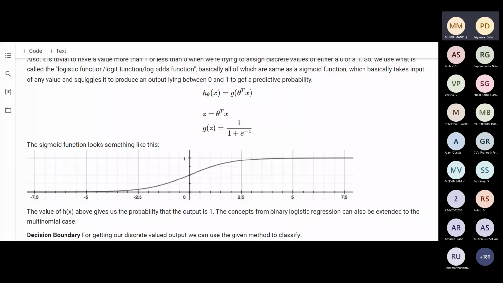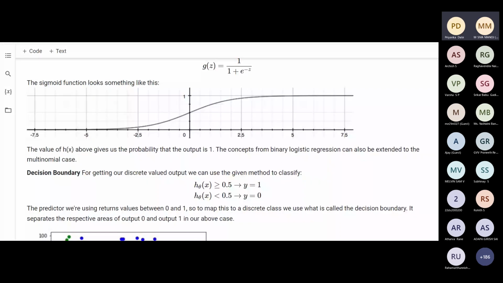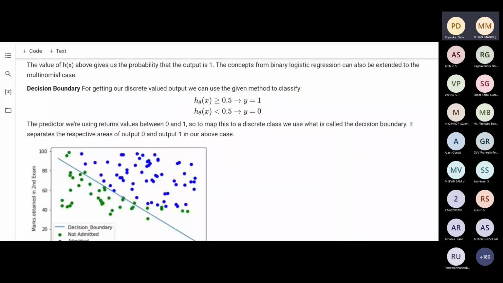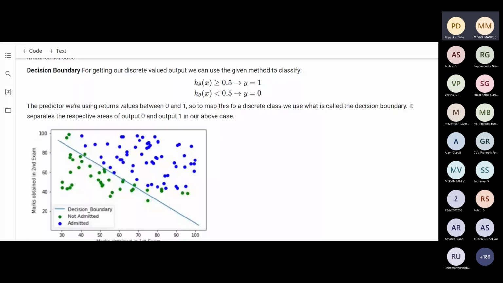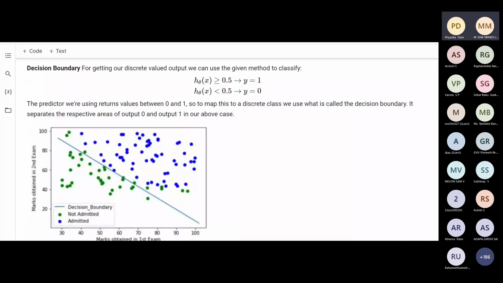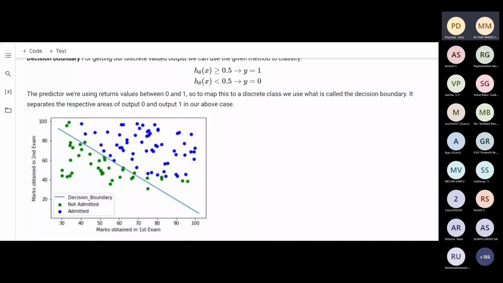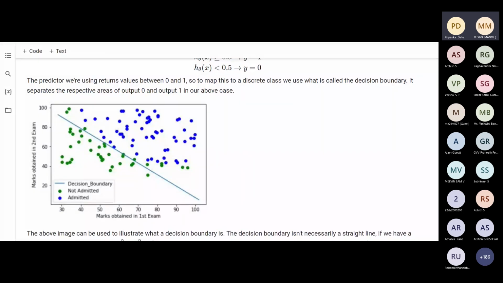Now, for us to be able to divide all this data into different categories, we use something called the decision boundary. The decision boundary enables us to understand what sort of data falls under which category. As we can see in this diagram, there are green and blue dots spread across the entire area, and we have considered the blue line as our decision boundary.